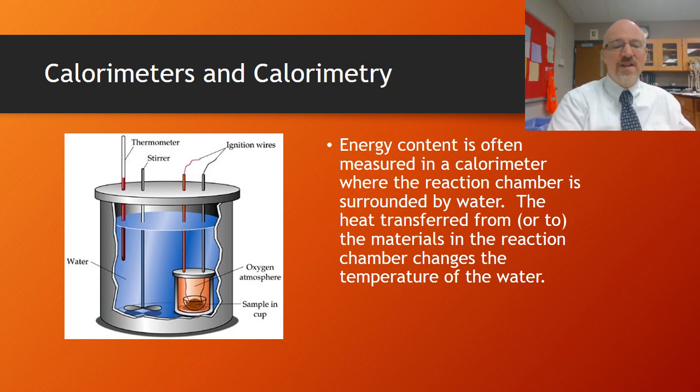And the assumption is that the materials of the walls of the chamber have a very low heat capacity, so that we don't have to correct for it, or it becomes negligible for us. So what happens in the temperature of the surroundings, in this case the water, tells us what happened inside the system, like what's inside the sample cup.